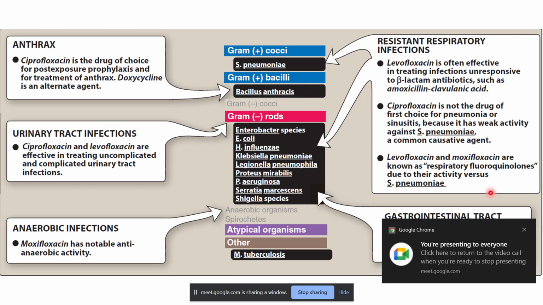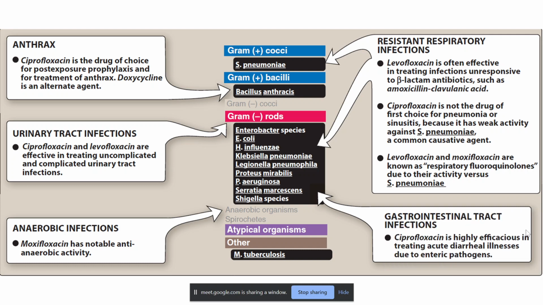The spectrum of antibiotic action of fluoroquinolones includes mostly gram-negative microorganisms, but also Streptococcus pneumoniae. Streptococcus pneumoniae is mostly treated with levofloxacin and moxifloxacin, because ciprofloxacin is not a drug of choice anymore because of its weak activity against this particular microorganism.